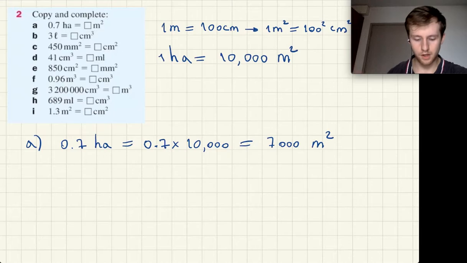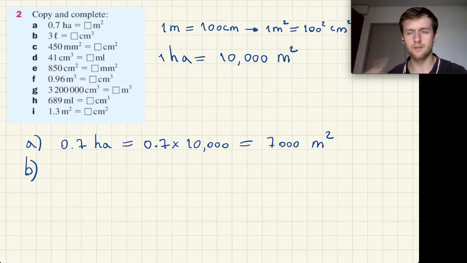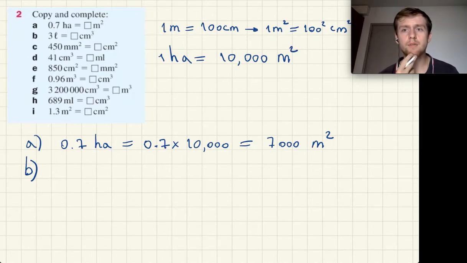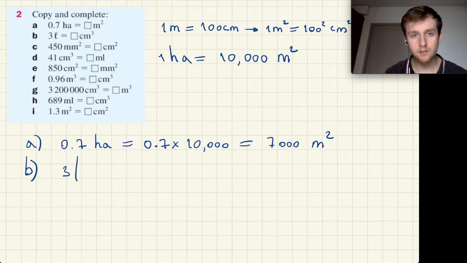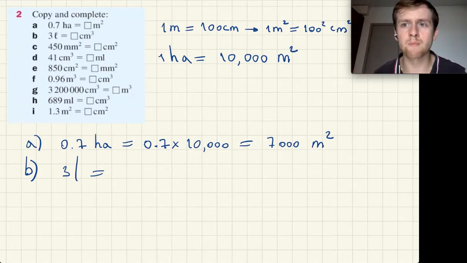Okay, and now let's do some interesting stuff. B, centimeter cubed. This is one more which is kind of hard to remember. The centimeter cubed is the same thing as a milliliter. There's actually a very interesting story behind it.